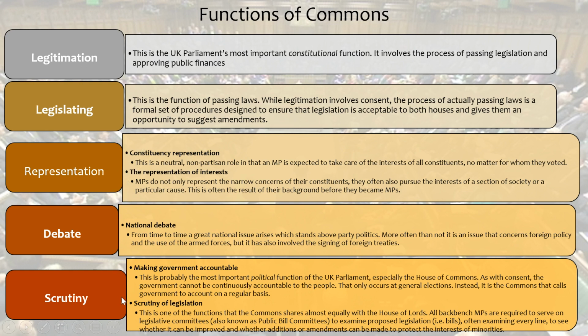And here under scrutiny we see two types of scrutiny. First off, scrutiny of laws being made by government and passed by Parliament. And then secondly, scrutiny of the actions of government as a whole. And again, we're going to look at those in more detail, but those are the functions of the Commons.